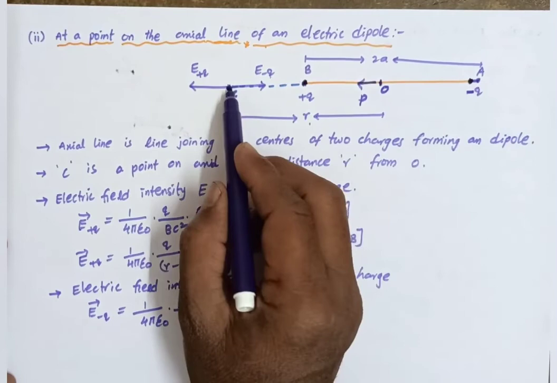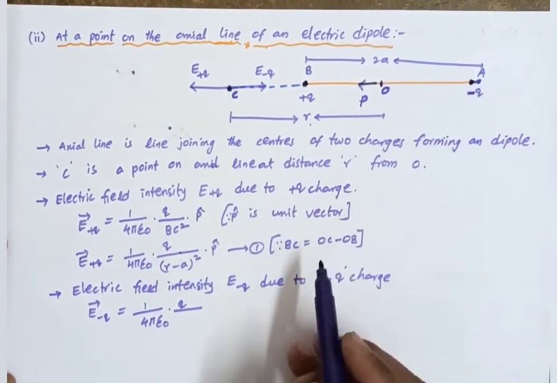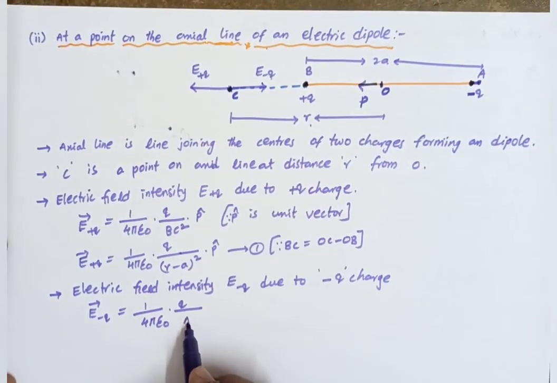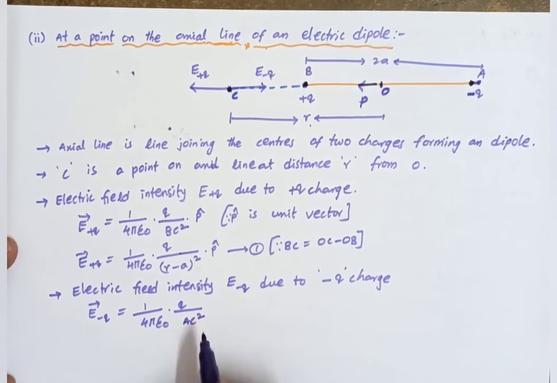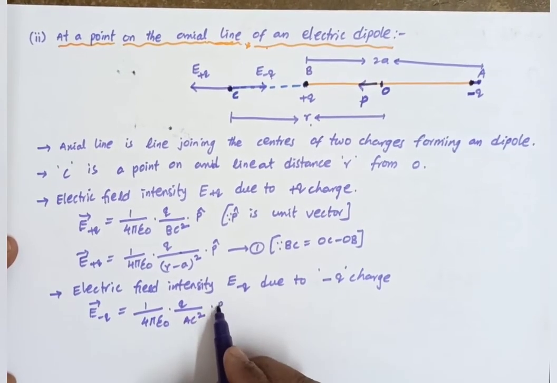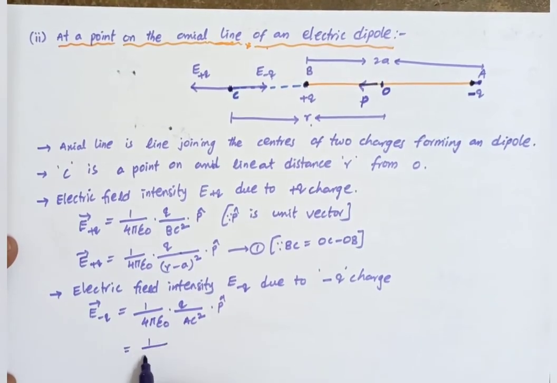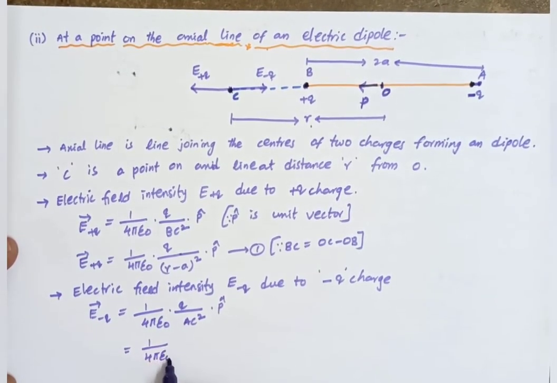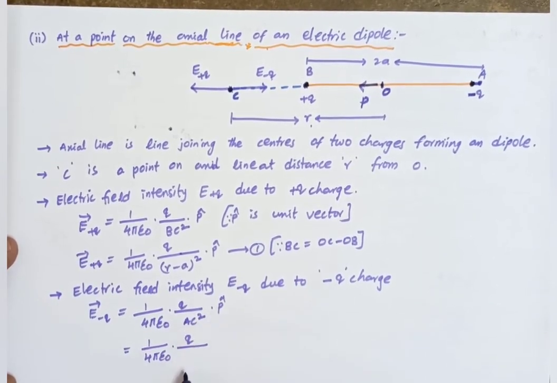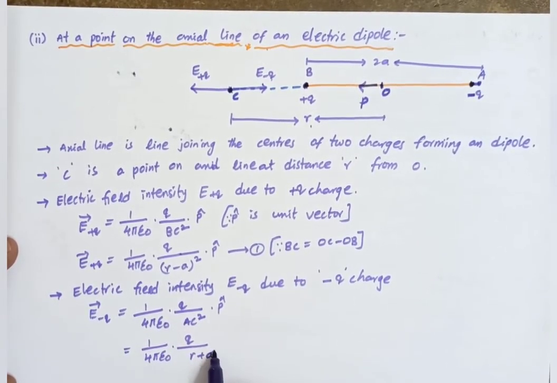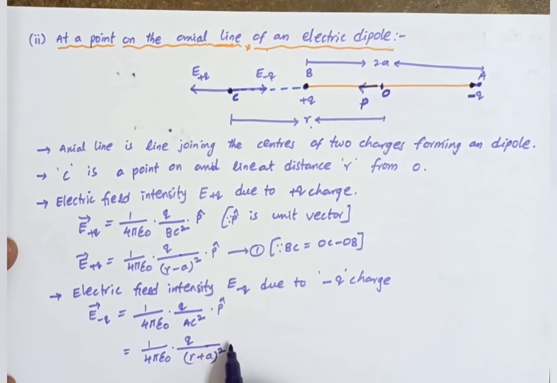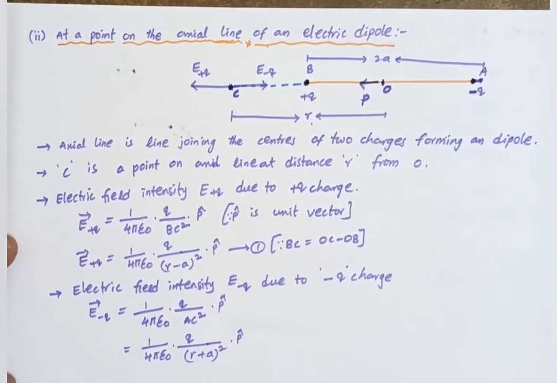From this point to this point, AC square, into P cap, that equals 1 by 4 pi epsilon naught into Q by AC square, which is R plus A whole square, into P cap.